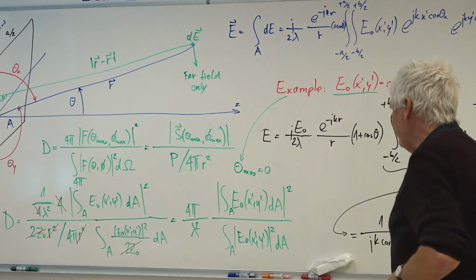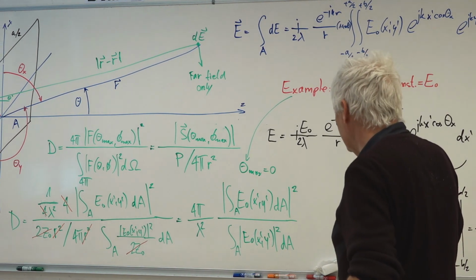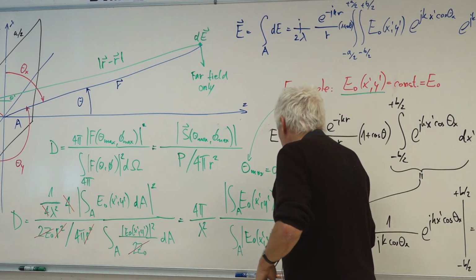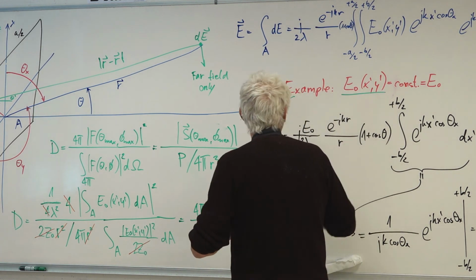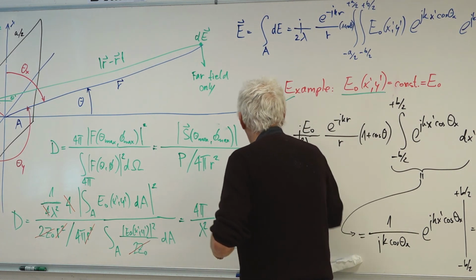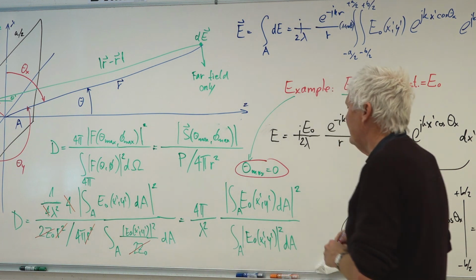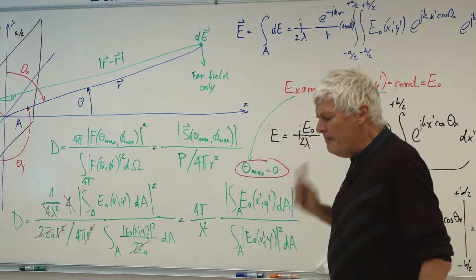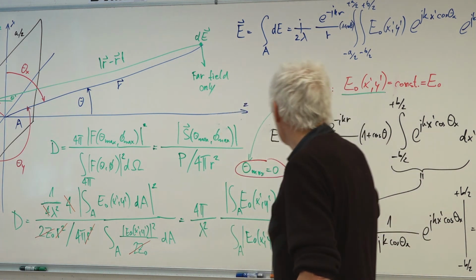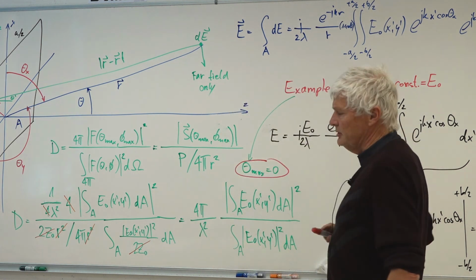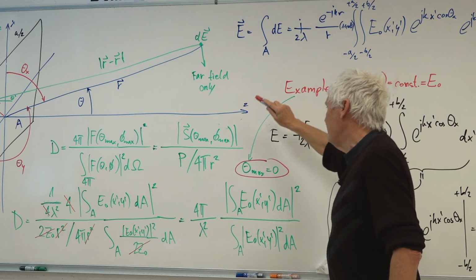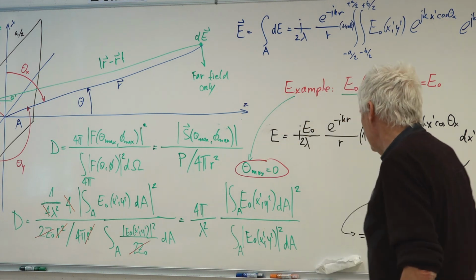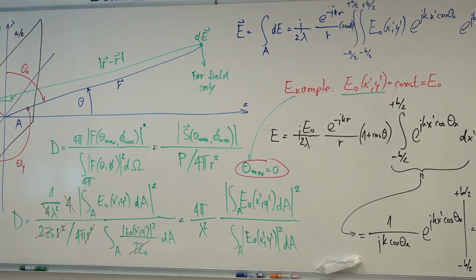This is now my final result for the condition that our aperture radiates at theta max equal to 0, so that the maximum radiation is on the axis of 0. Many apertures fulfill this even if E0 is not constant. Many apertures have the maximum directivity on the z-axis. So this is what makes my life simple here.